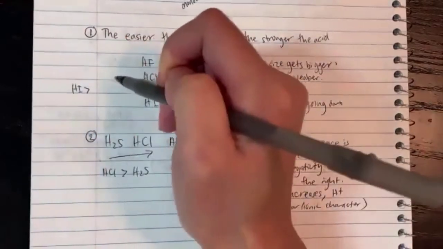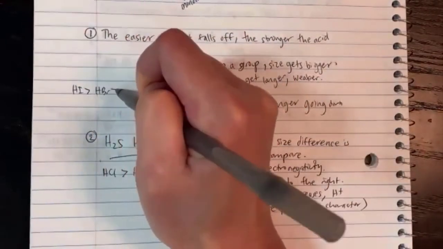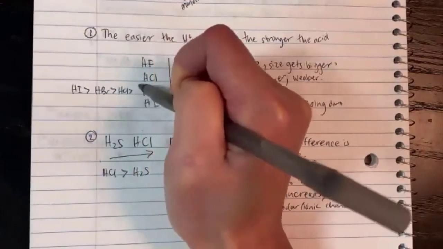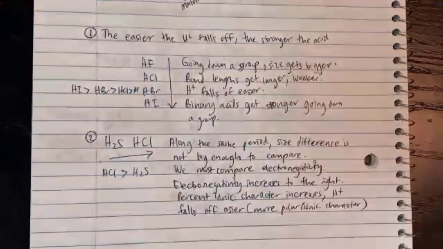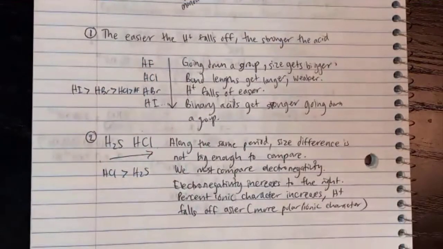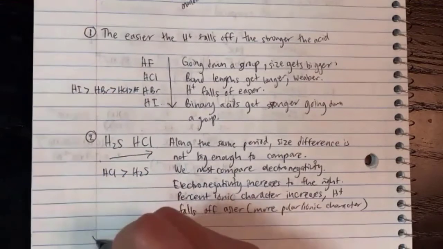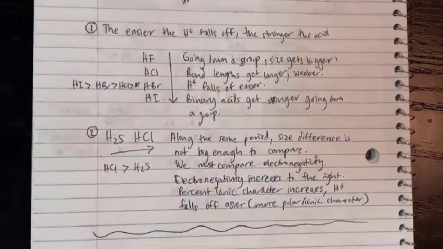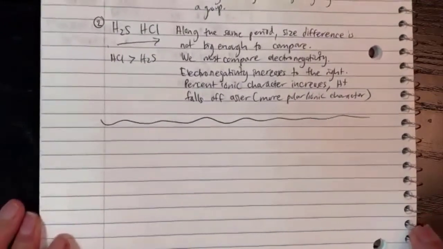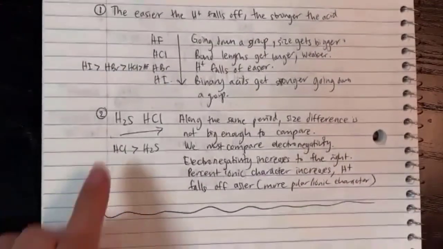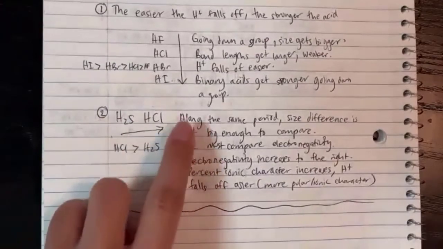HI, HBr, HCl, and HF. Okay? So that's one example. Let's see if we can apply this. Going down a group and going to the right makes it stronger because that side is more electronegative.